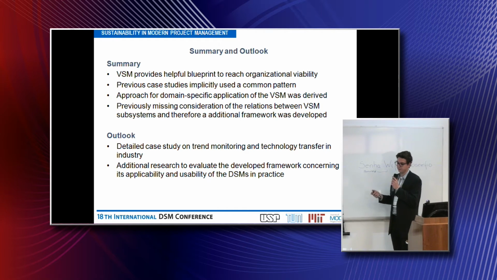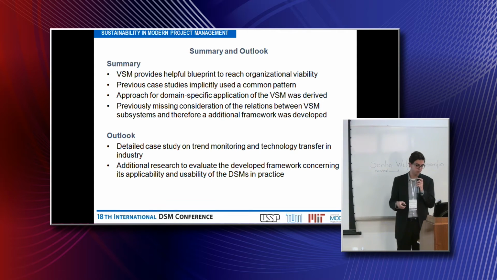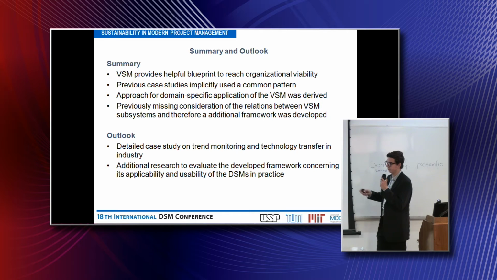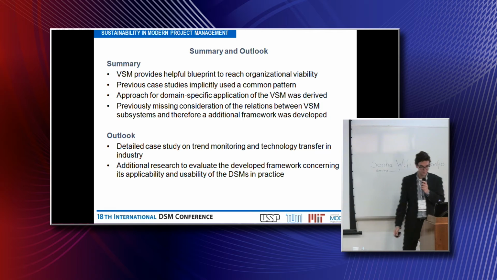So it was quite difficult, from our perspective, for new people trying to apply this model to be really sure what the steps would be in order to be successful with applying the viable system model. And structural complexity management really helped to link the different functions and the different subsystems in order to make sure that you capture all the interrelations within this organizational model.